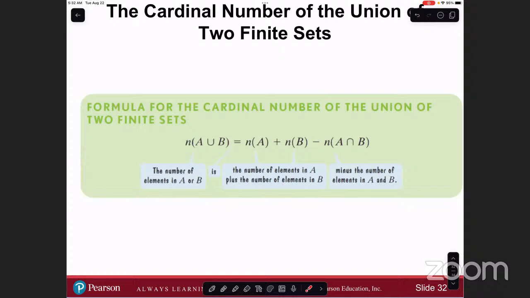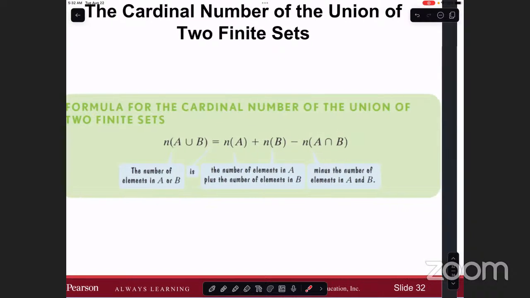If A and B have any common elements, there are some elements that would be counted double. So that's why we have this additional part here to remove the intersection. So that way we can remove one of those doubles, right?